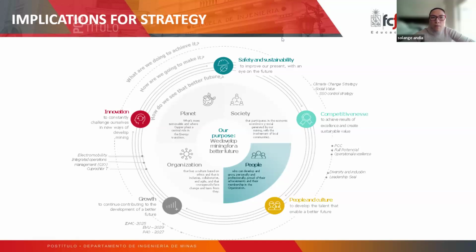Okay. Antofagasta Minerals' strategy is based on the purpose of developing mining for a better future, together with the four target groups associated with the planet, society, organization, and people. And its five pillars that refer to safety and sustainability, competitiveness, people and culture, growth and innovation.